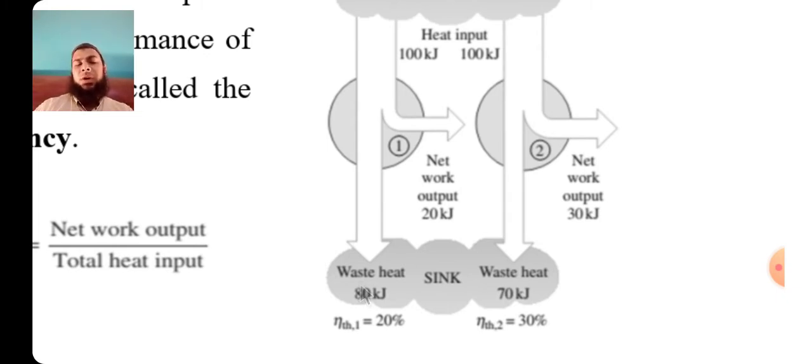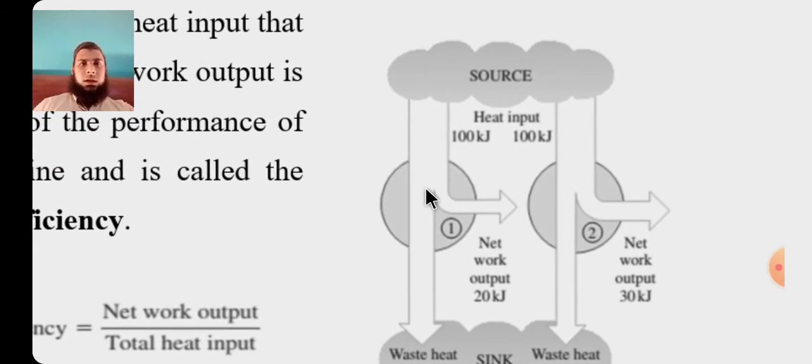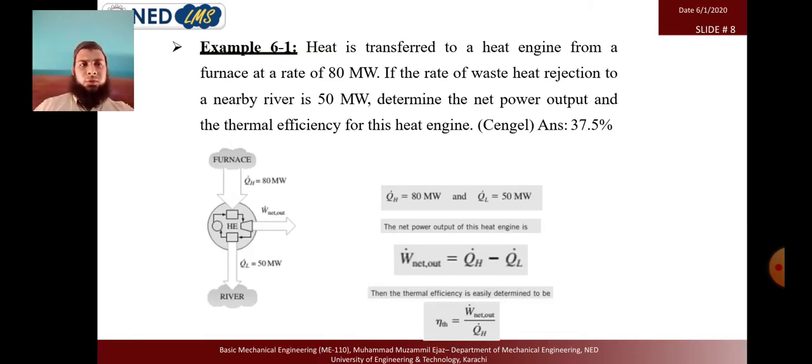So in a particular system, we have not only one heat source and one heat sink; there can be multiple heat sinks. The major heat sink will be like a river or sea, but a nominal heat sink can also be the environment, because the steam passes through pipes, and the pipes are in the atmosphere, so some of the energy is also released to the atmosphere. Yes, so let's move on.